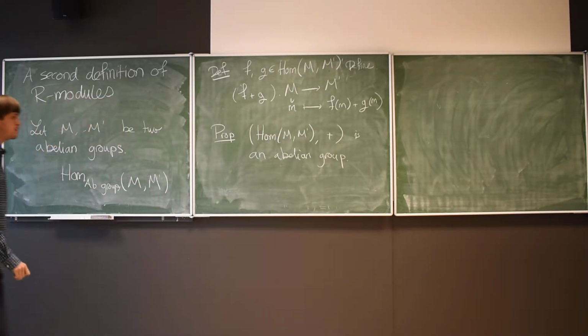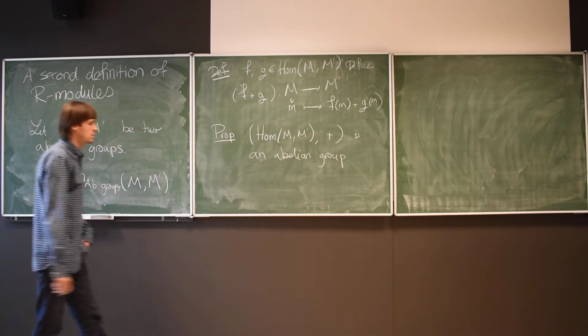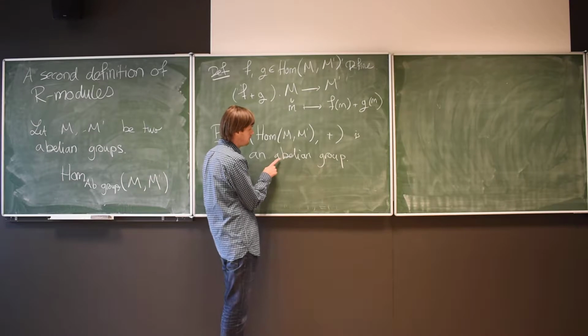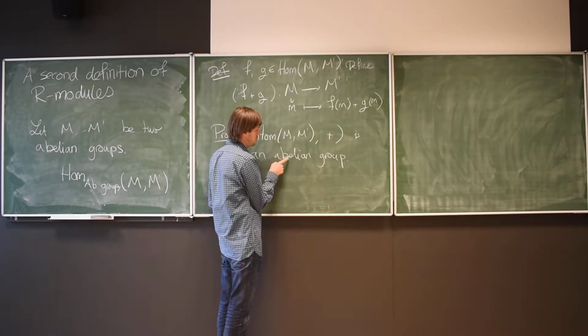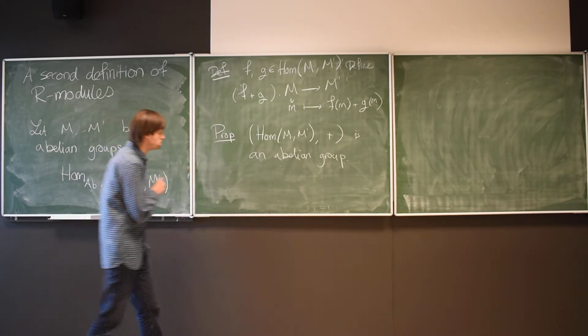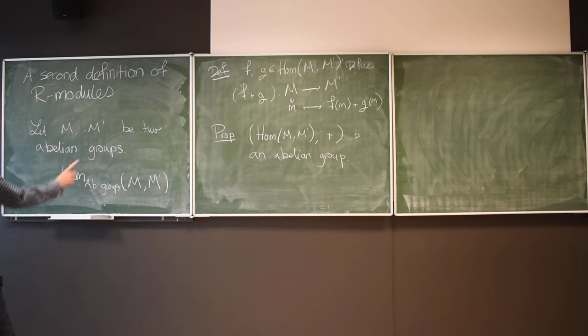So I'm going to leave the proof as an exercise, but it can be quite useful to try to do this exercise and then also see where it goes wrong if you remove this condition that the groups are abelian, and this is no longer a group. Okay, so in the category of abelian groups, the Hom sets between abelian groups are actually themselves again abelian groups.